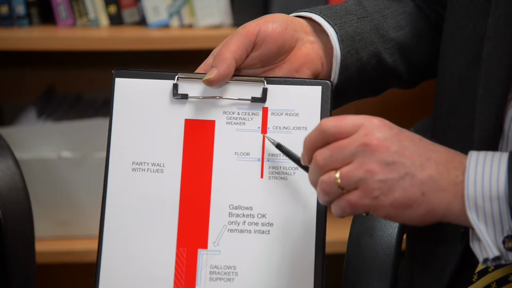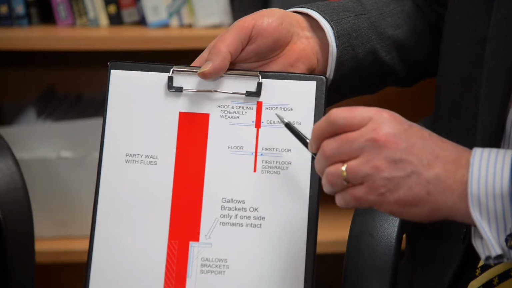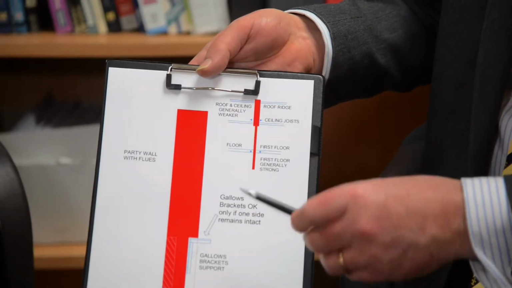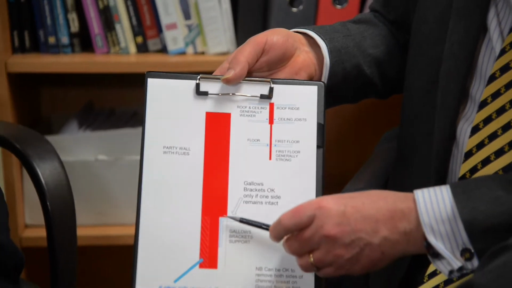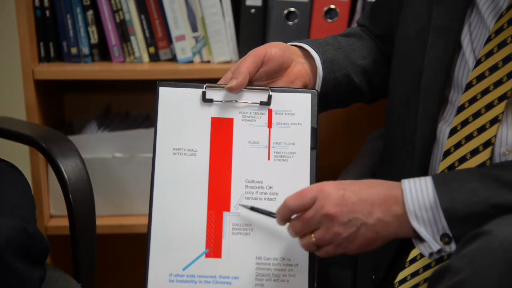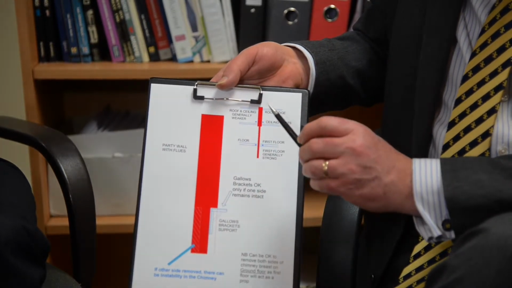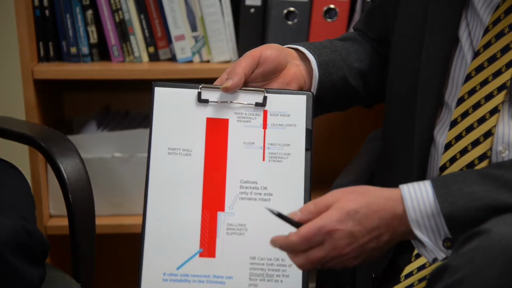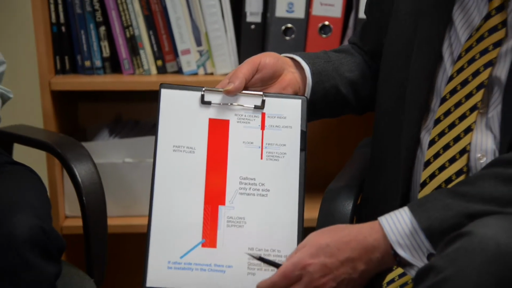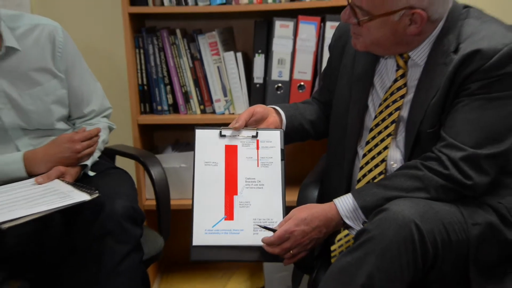If that ever happens, you then need to start thinking about structural input. Now the case we're looking at is where you've taken away your chimney breast and put in a gallows bracket, and that's fine. But if your neighbour has already taken his away, that's when you start to need a slightly more complicated structural intervention.